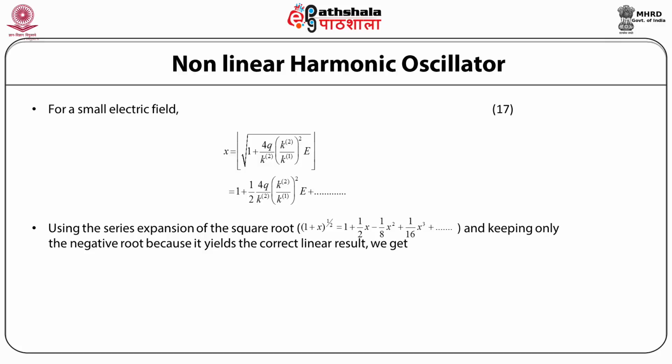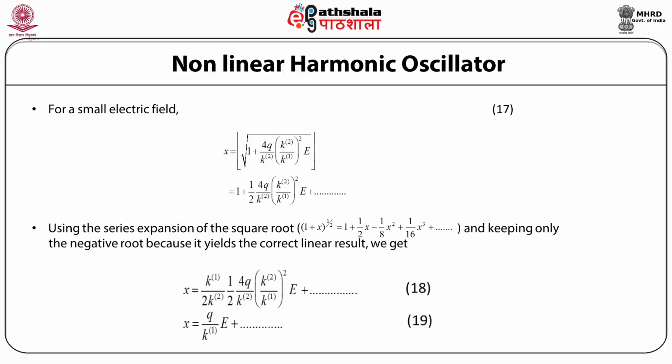and keeping only the negative root because it yields the correct linear result. Then we get x is equal to K1 divided by 2K2 times half times 4Q divided by K2 multiplied by K2 by K1 square times E plus the higher order terms, which can be represented as x is equal to Q by K1 times E plus the higher order terms.